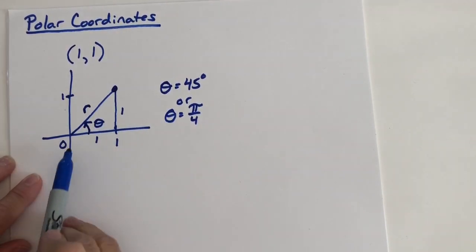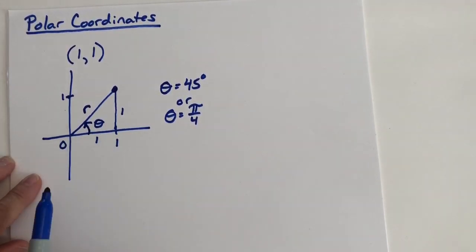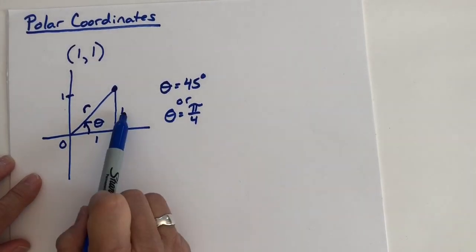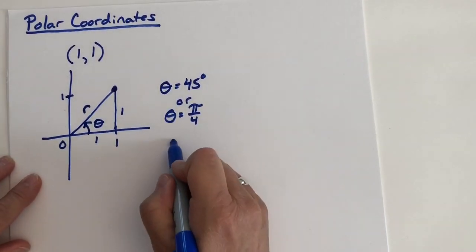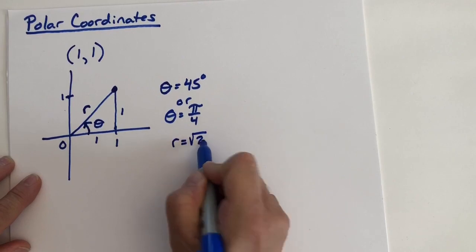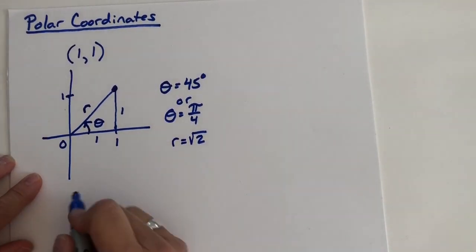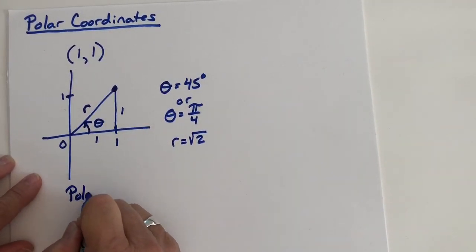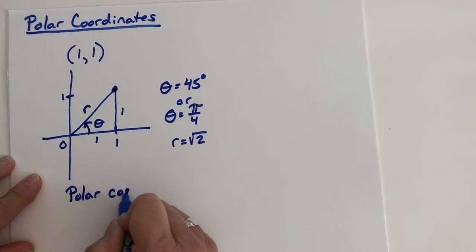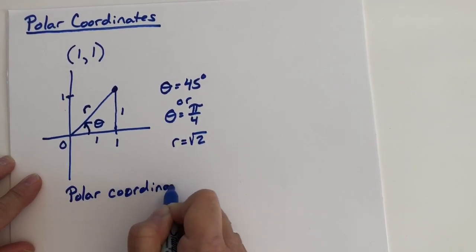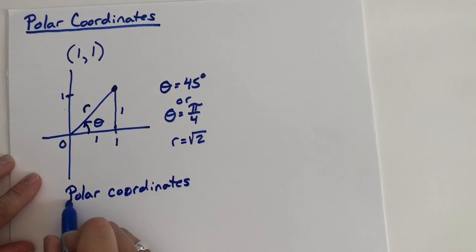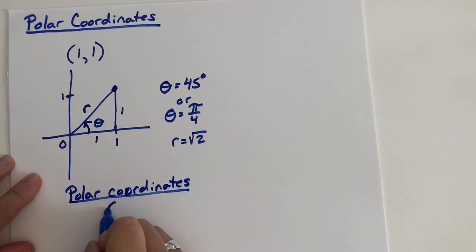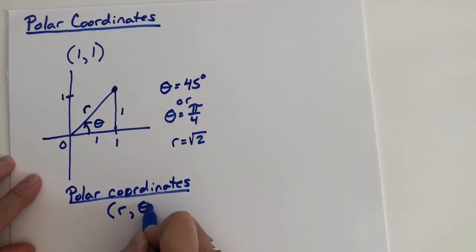Well, what is that length? I hope you recognize the triangle as an isosceles right triangle. So if this is 1 and this is 1, r would be square root of 2. So when we describe this using polar coordinates, instead of having an x, y, we will have an r and a theta.